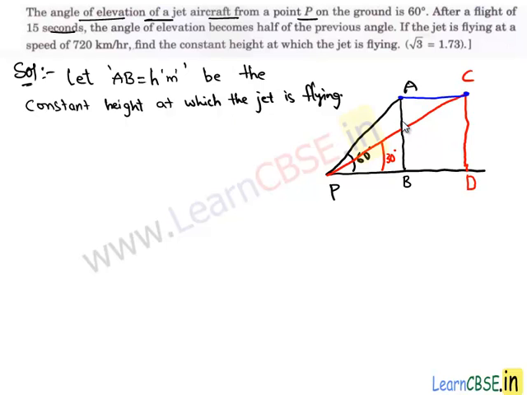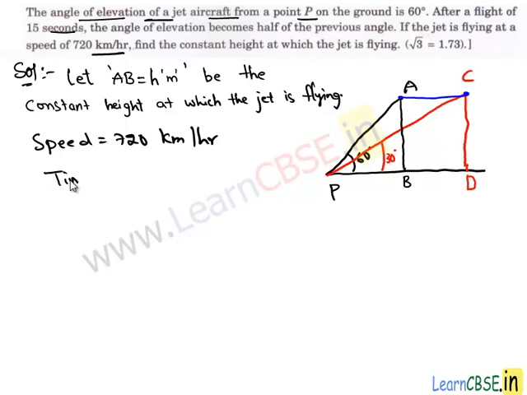Now we assume h meters be the constant height at which the jet is flying, and we are given the speed of the jet is 720 kilometers per hour, and we are also given that it has taken 15 seconds.